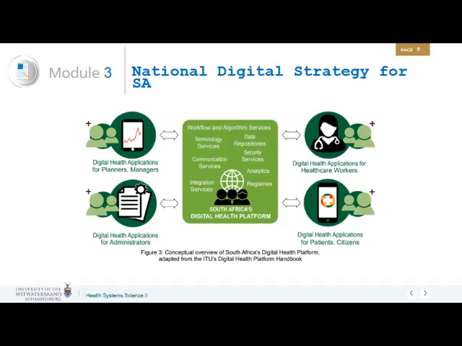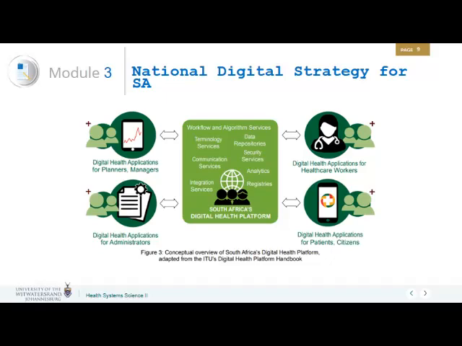By having all this information in one place, we are able to do much better analytics of larger sets of data, which helps policy planners to know what they should be focusing on.